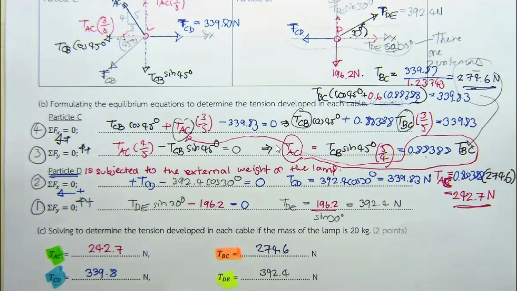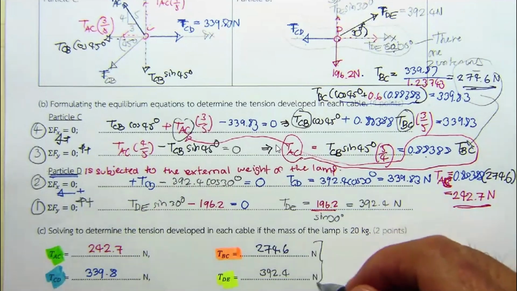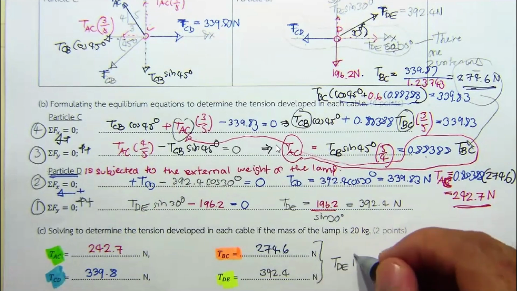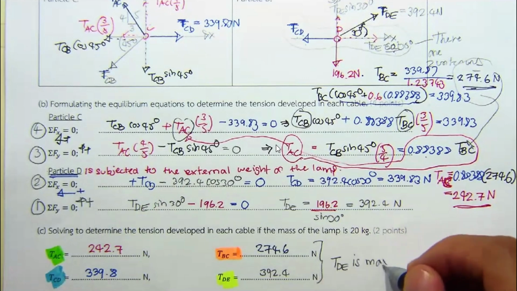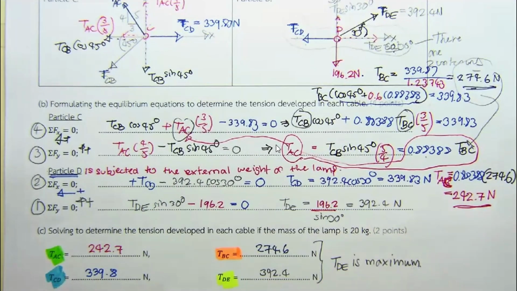You get the total of 8 points already. And you can see based upon the result that you get, this T sub DE is maximum. When you increase the load, the T sub DE will get larger and larger.